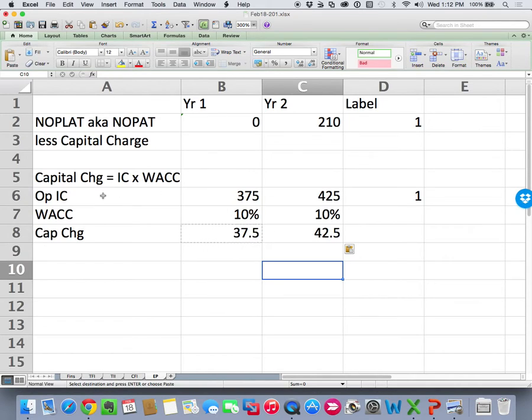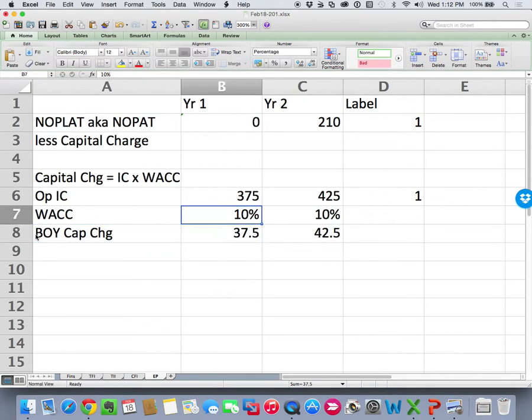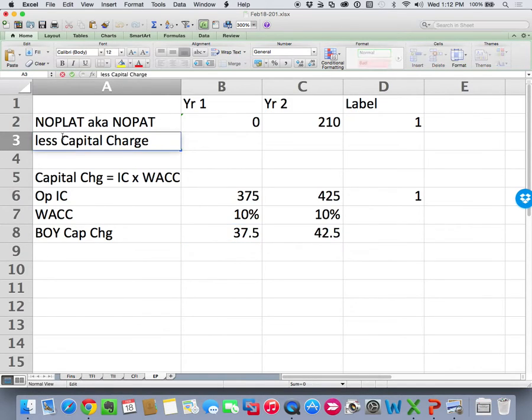The way you'll see this is it's going to be called a BOY capital charge, which stands for BOY, beginning of year, right? And beginning of year is basically this number, the 37.5.